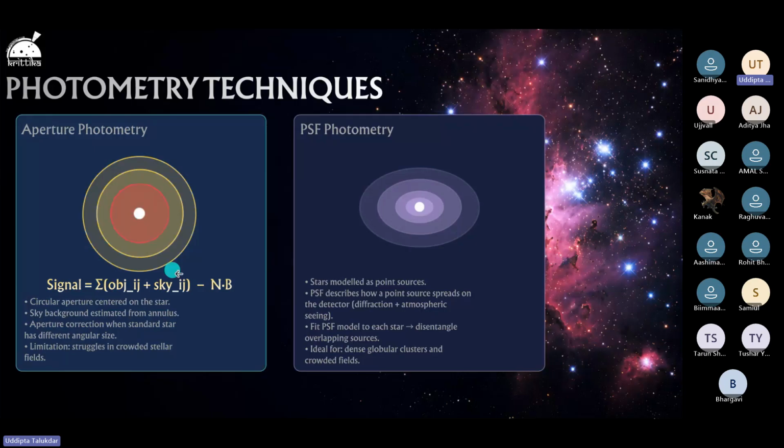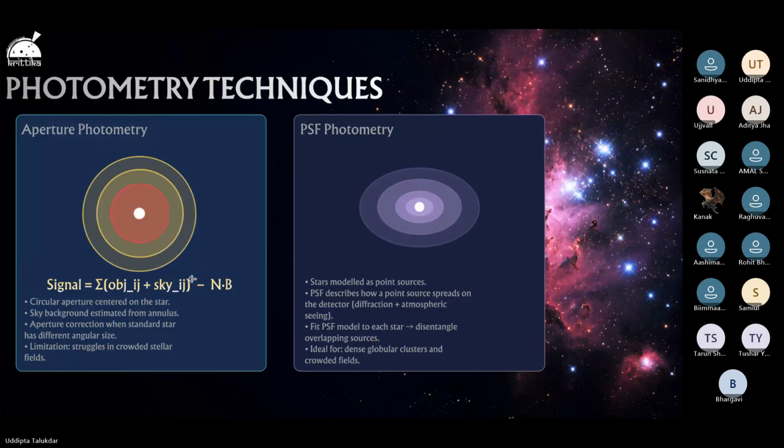And what we are subtracting from it is n times b, where n stands for the number of pixels in your aperture, and b is the average background pixel value that we have, so that we can subtract the background pixel values and actually observe the brightness around the star instead of unwanted noise.